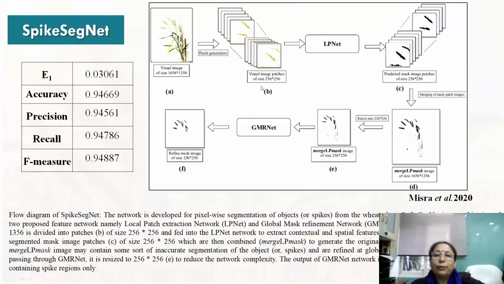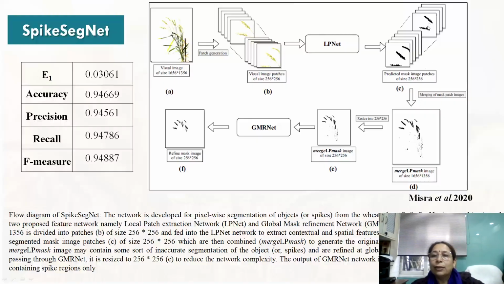Then we have given this network a name, LPNet, which stands for local patch extraction network. It deals with identifying the patterns, or the spikes here. On this LPNet we have applied the encoder-decoder model, and then gone for merging the mask patch images.